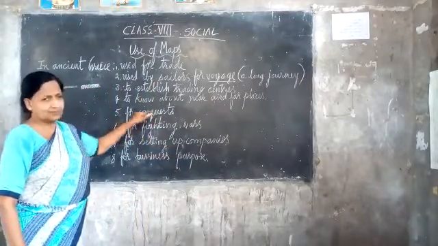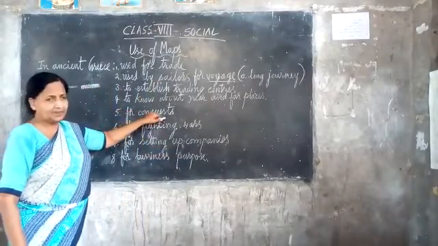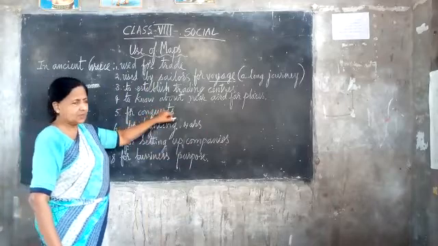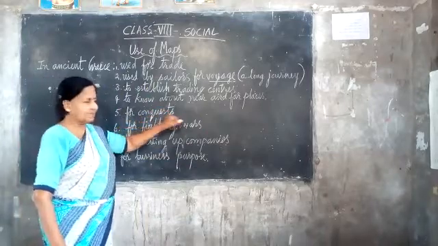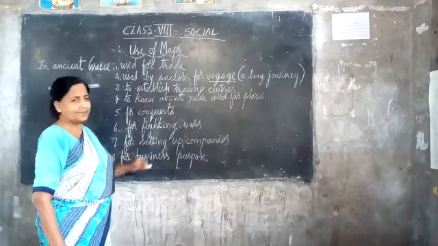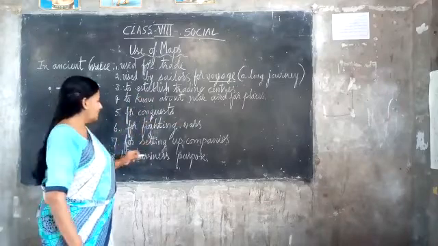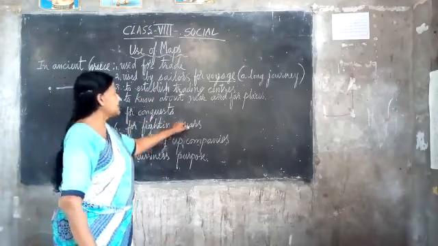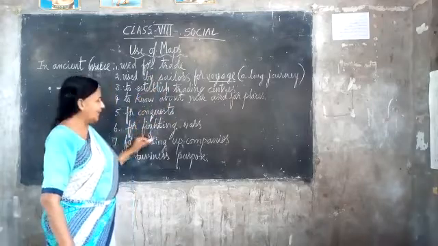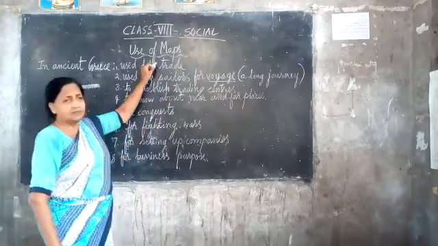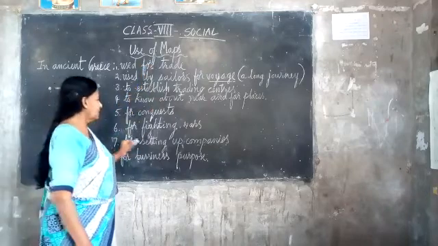For conquest, when they wanted to occupy different towns or cities near to the kingdom, they would take the guidance of the map. For fighting wars, even when they wanted to win the battle, they would take the guidance of a map.